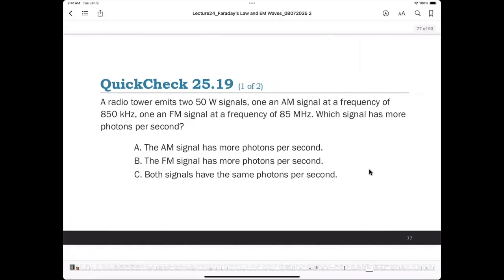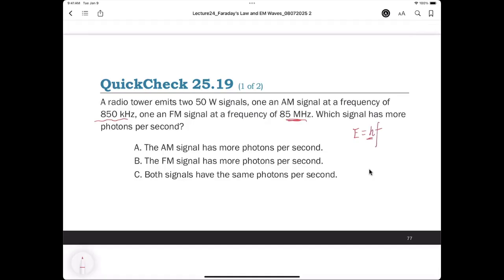A radio tower emits 250-volt signals. One is an AM signal at a frequency of 550 kHz, one is an FM signal at a frequency of 55 megahertz. Which signal has more photons per second? We know E equals hf, and h is constant. So the FM signal has the higher frequency, which means it has a higher energy.